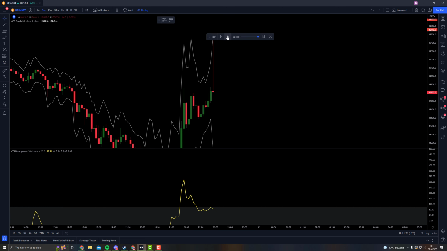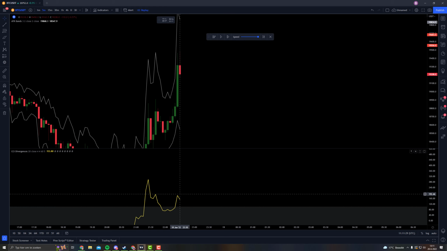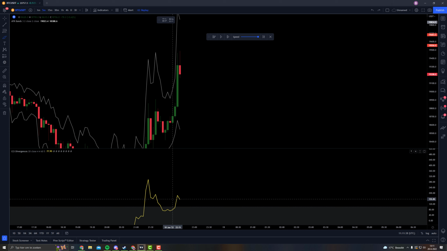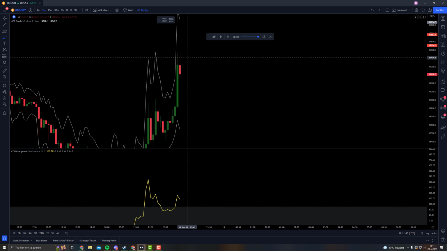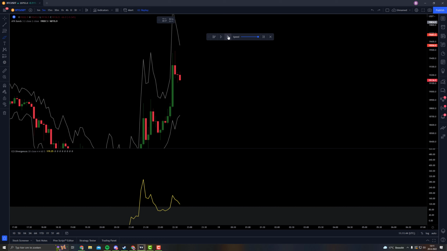So we would have a big candle right there. You can see that there is something developing here. If you are trading on your own, you can see like, okay, the CCI is already creating a lower high, but the price didn't show us yet. So you always have to wait a few candles.